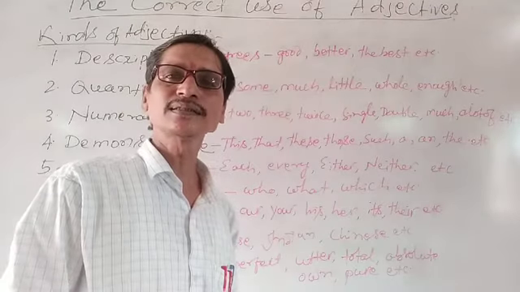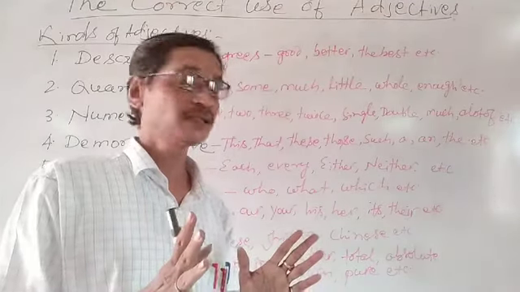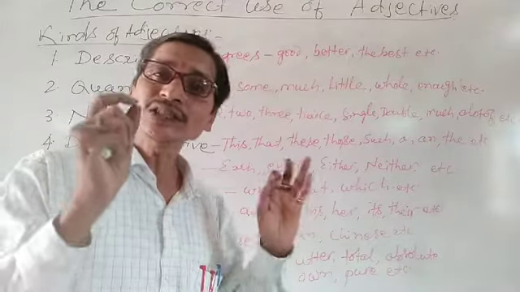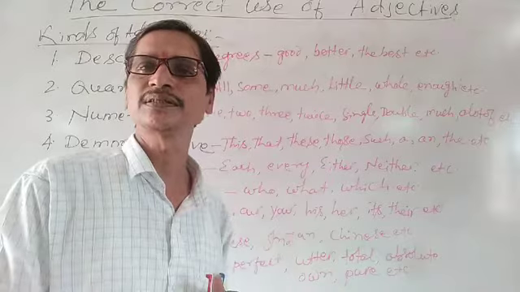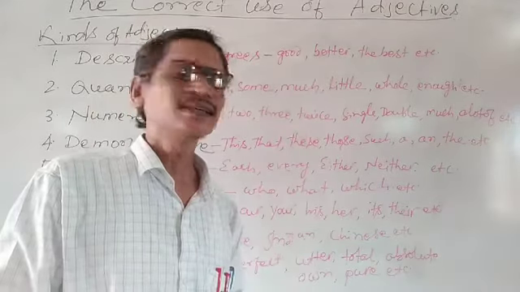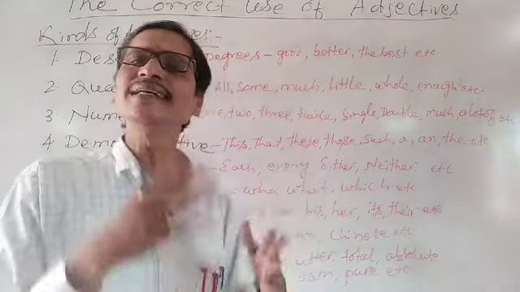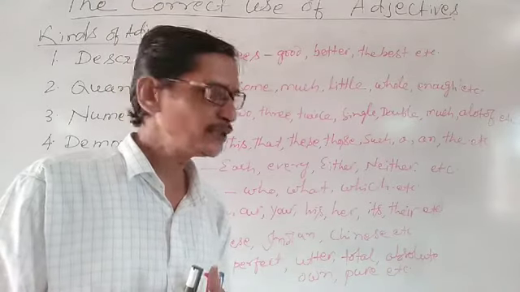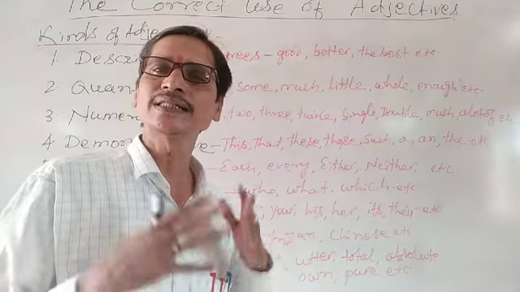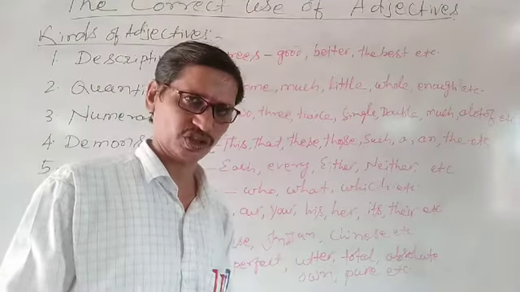Dear students, before understanding the instructions for the correct use of adjectives, let's understand the different kinds of adjectives we normally use in writing and speaking and in our text.